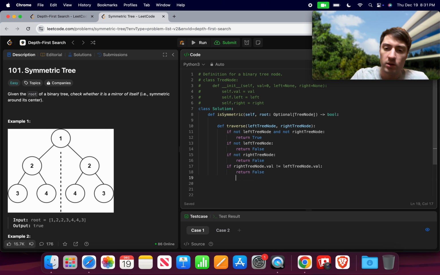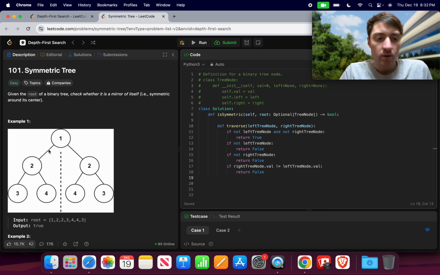So now I want to actually traverse this tree. Okay, so let's see. I'm here, and what do I want to do? I want to go right.